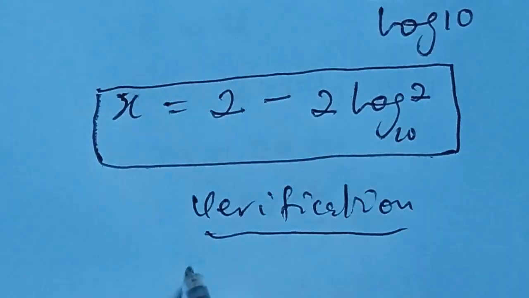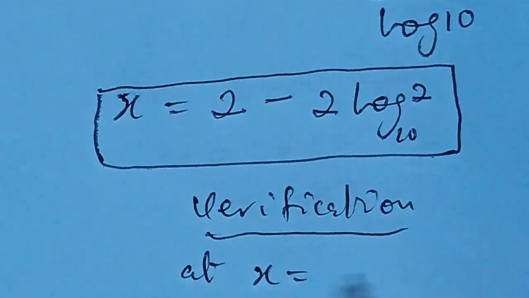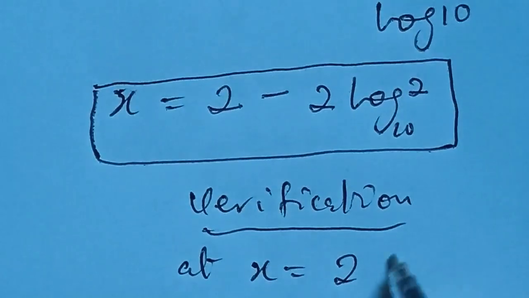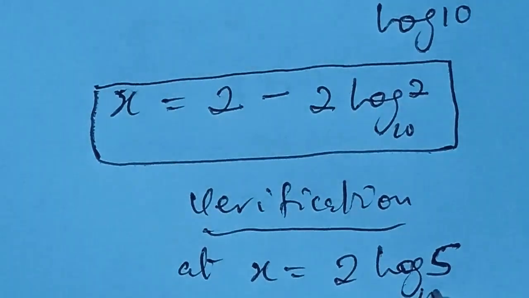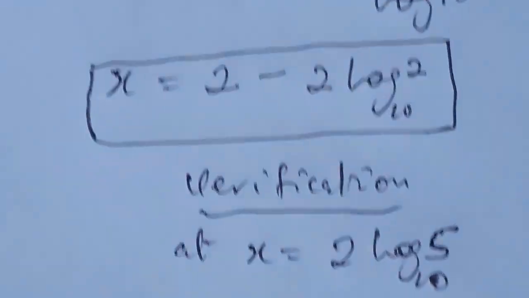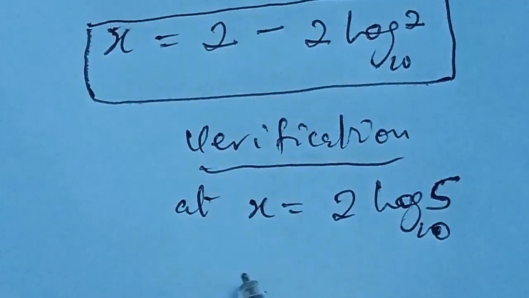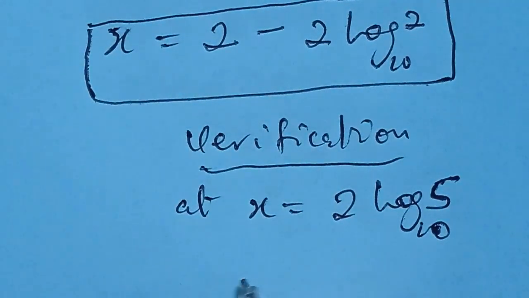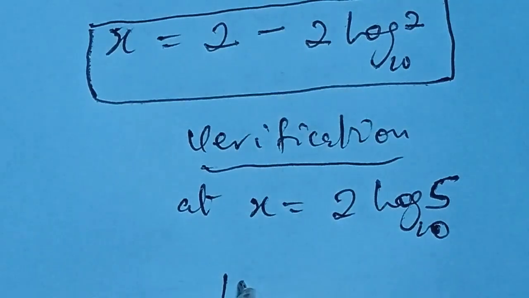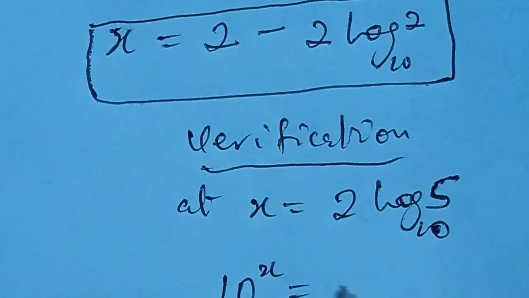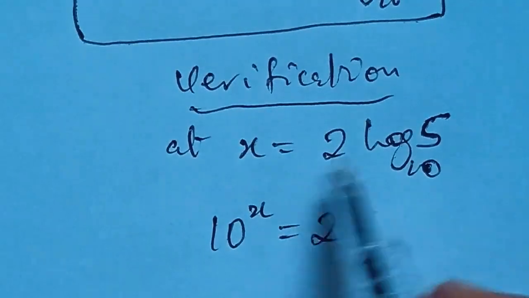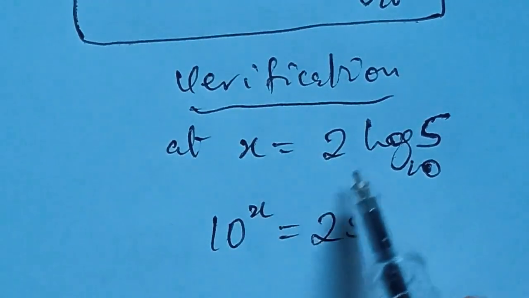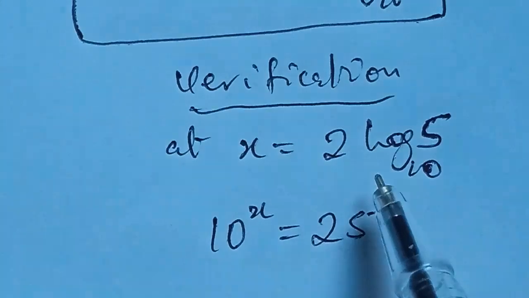At x equal to 2 log 5 base 10, let's substitute and verify the value of x. 10 to the power of x equal to 25, inserting this value of x, which is the first value we got from the first method.